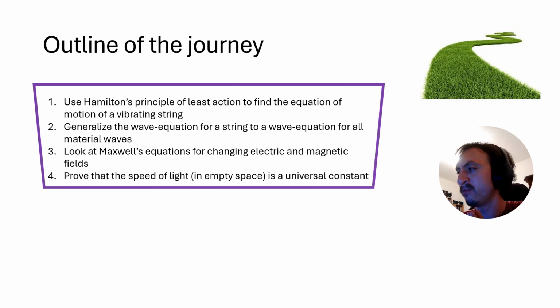I think most physicists would say that we don't really understand Hamilton's principle of least action. We know how to use it, and we'll see an example here, but we don't really understand where it comes from properly. We don't fully understand what it's saying about how unified everything is in nature.